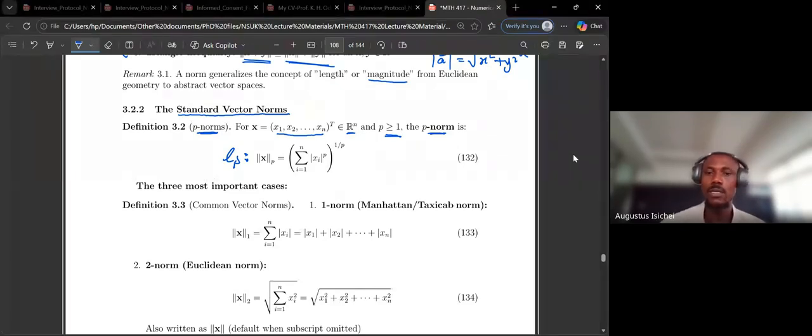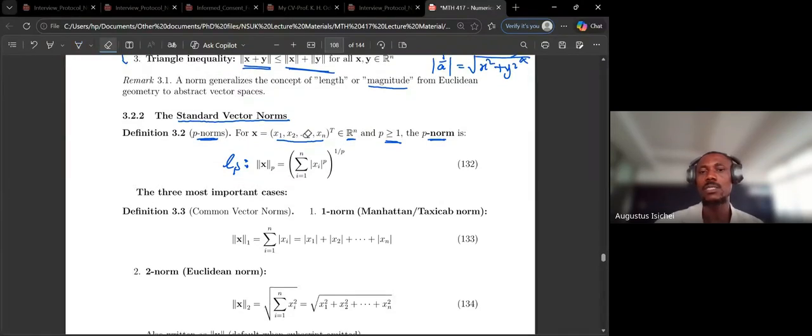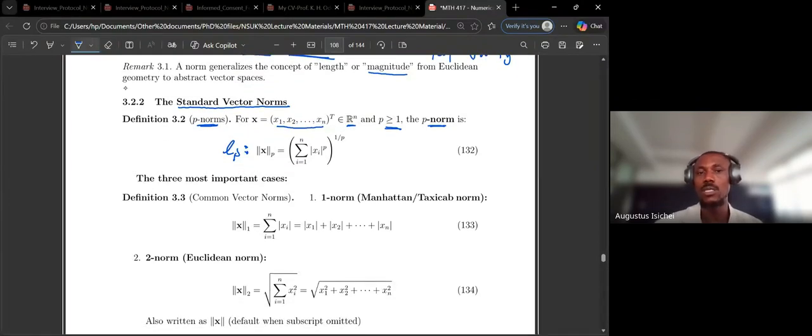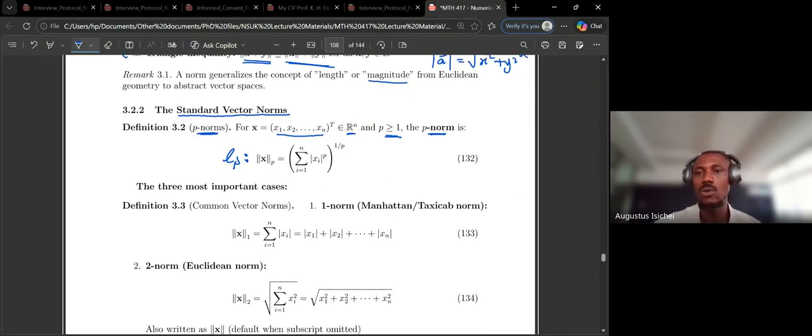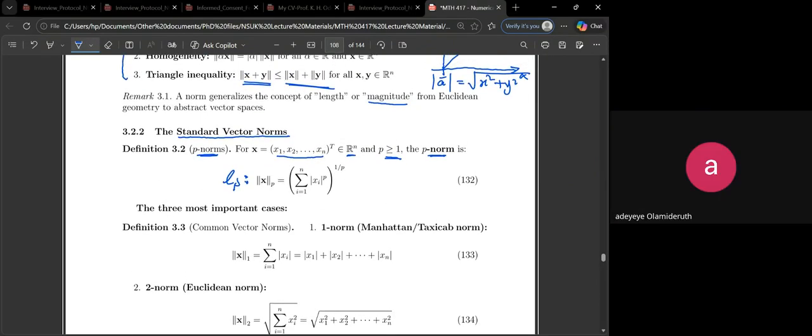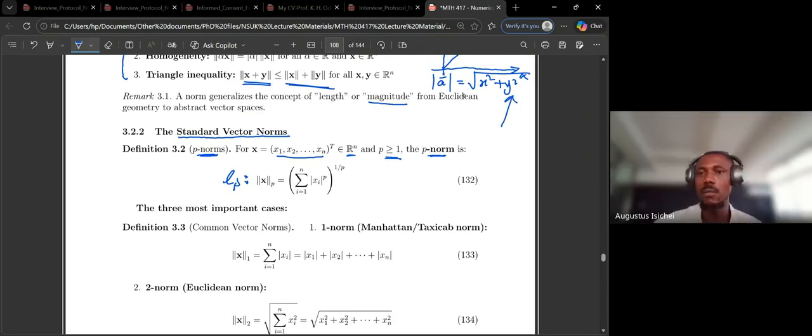So what I'm saying now is that you may not all see this norm as explicit as it should be. But I'd like you to know that this same thing is what I have described here. Let's say I represent this using the square root of x1 squared plus x2 squared.